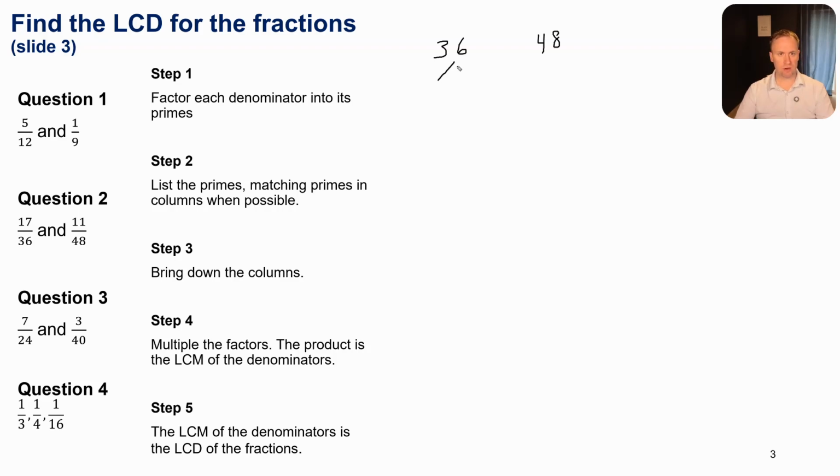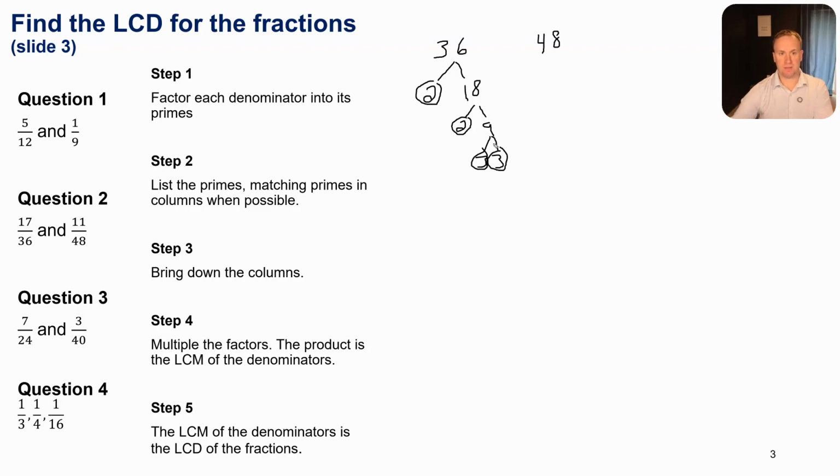So for 36, the smallest prime is even, so we would have 2 times 18. 18 then can be broken down into 2 and 9. And 9 can be broken down into 3 and 3. Okay.